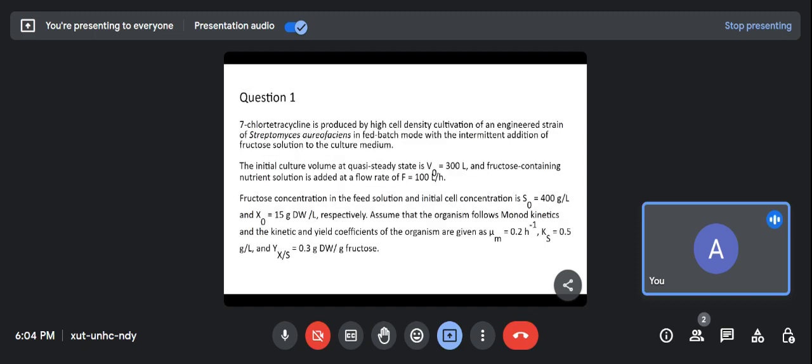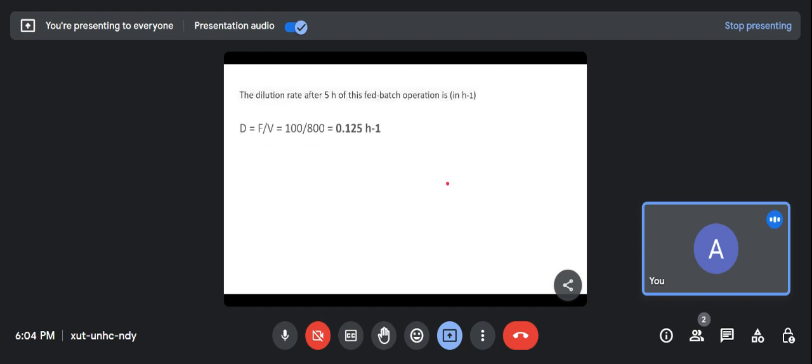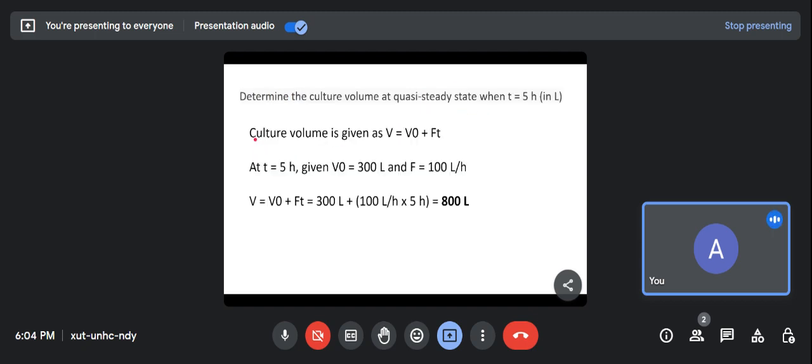So let's see initially what you have. Flow rate is given in liters per hour, so that is not a problem. You know the dilution rate is given by the flow rate divided by volume. To ensure that you have it in per hour, you have to see in what units flow rate is given to you.